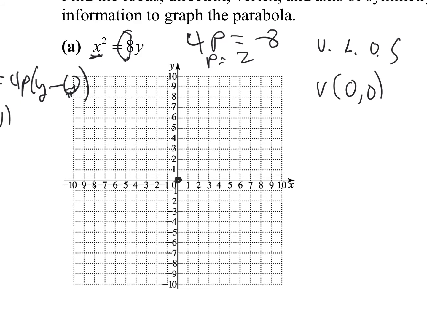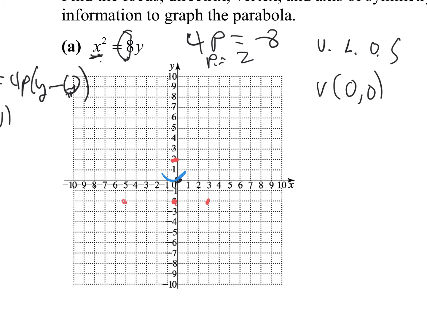My focus has to be 2 up, because we already said it opens up because the x is being squared. So my focus is up 2. Just a point. And I know my parabola is opening up like that. So hold on here. And then down 2 means I have a horizontal line.